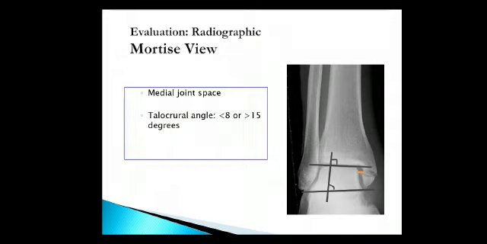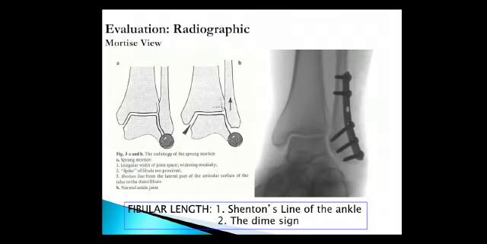And then the tibiofibular overlap, which has to be more than 1 mm. And there is something called Shenton's line of the ankle, which is formed by the medial malleolus, the distal tibia, and the medial border of the fibula.